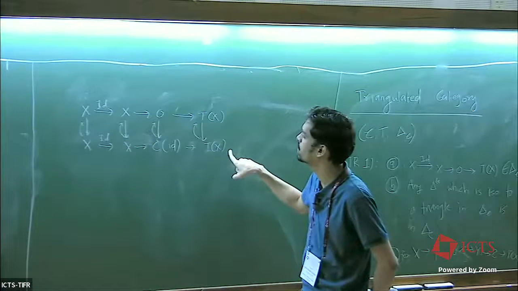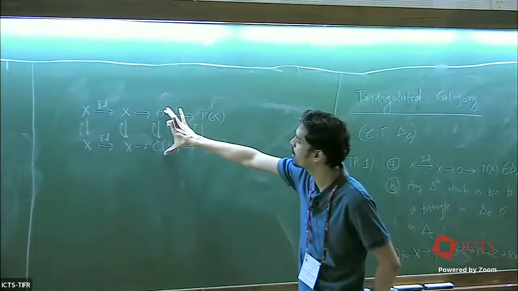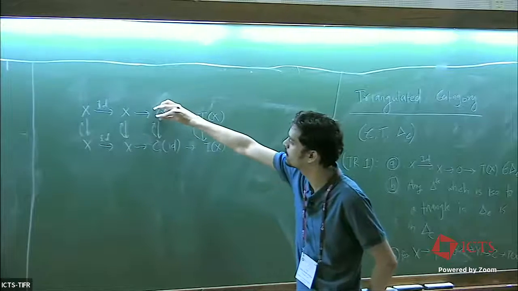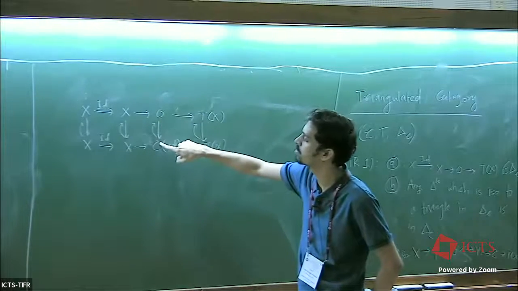Here also I have the identity map. The only thing is here I have to check that this composition is homotopic to the identity, which is also trivial because this map is the zero map.